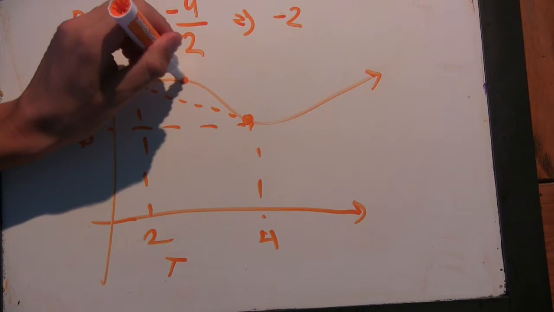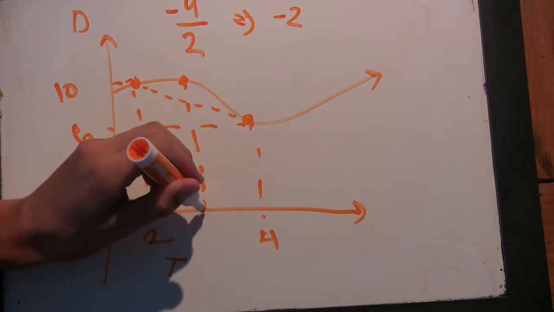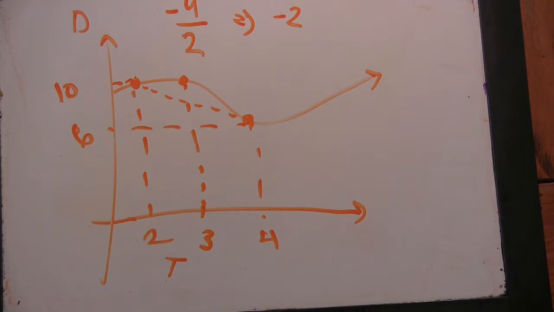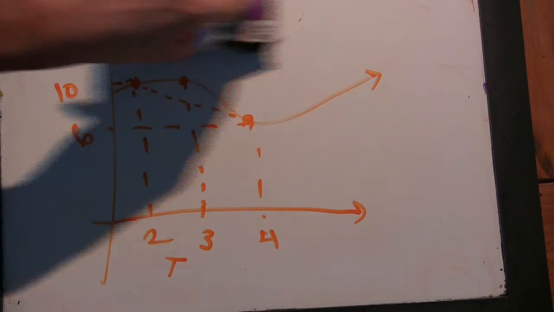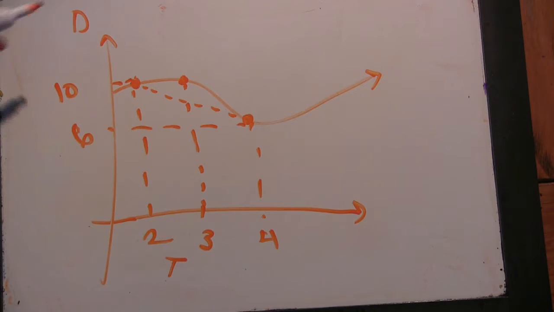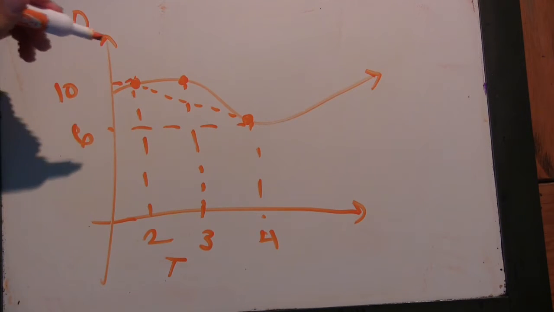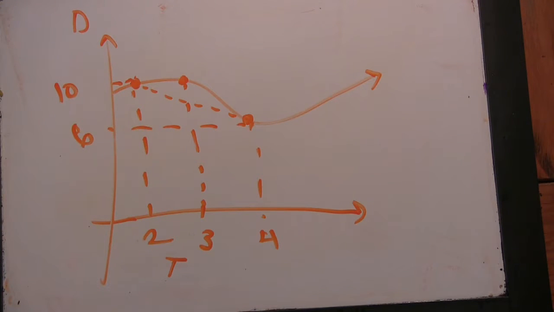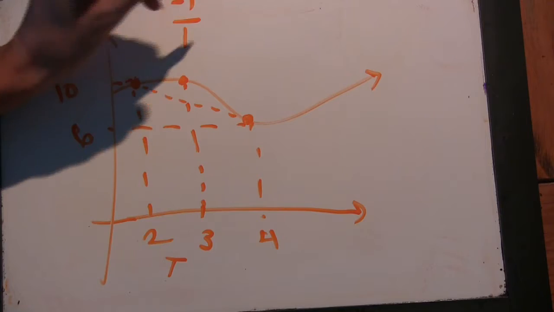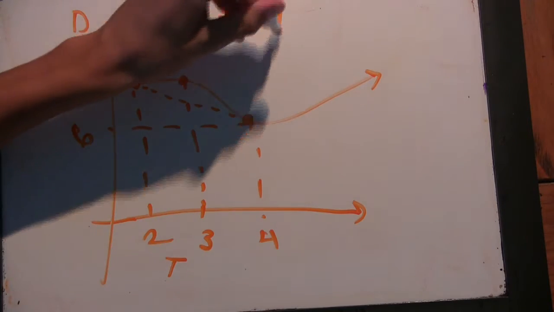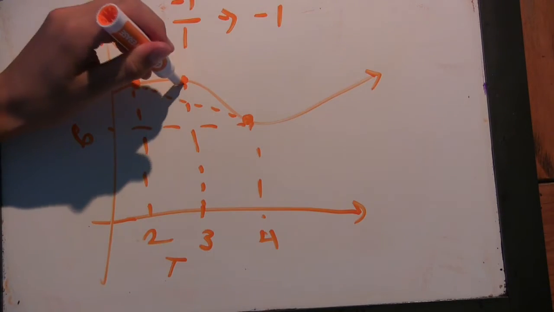So if we choose this point, say it's 3, and then maybe 9, then we get our average velocity, which is 10 minus 9, which is -1 over 1, just -1. Okay. So that's between these 2 points.